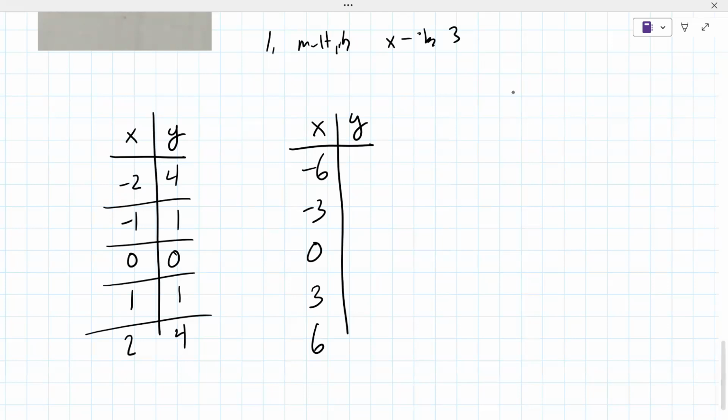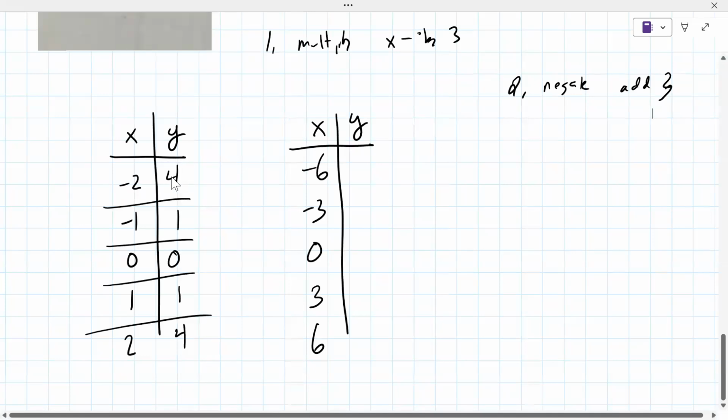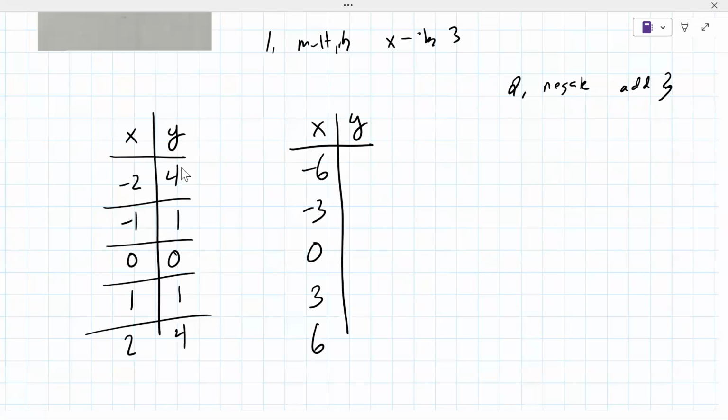Okay. So for the y value, we're going to do two things. We're going to first negate it, and then we're going to add 3. So for each of these y values on the left, you're going to negate it and then add 3 to it.